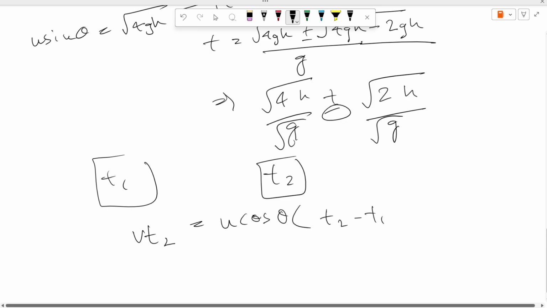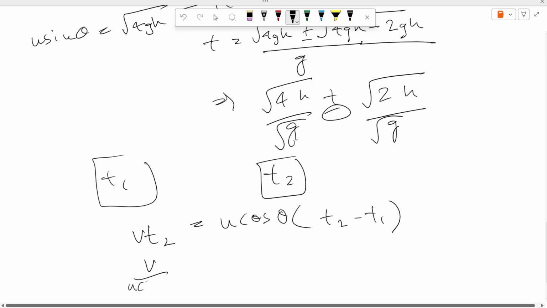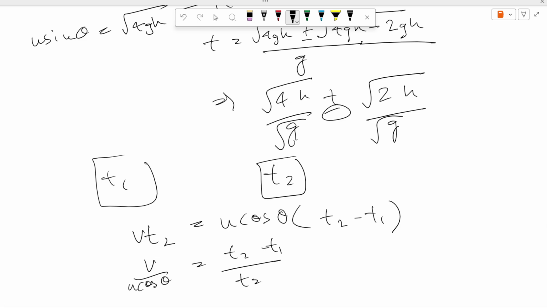We are having the right expression in this scenario. So we can just figure out the ratio from here. So it becomes v upon u cos theta equals t2 minus t1 upon t2.